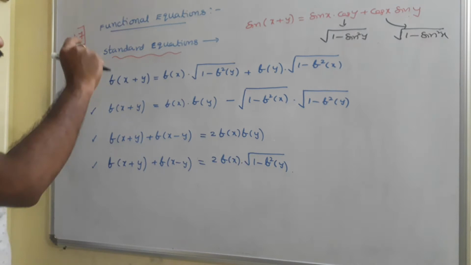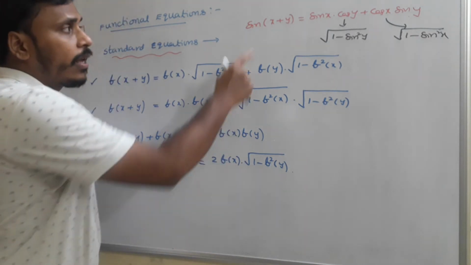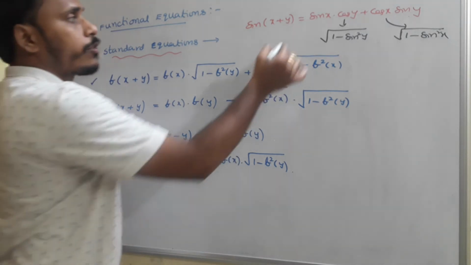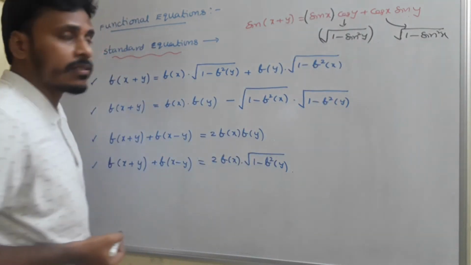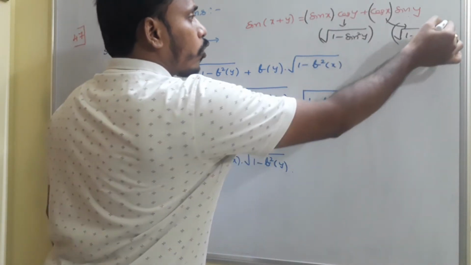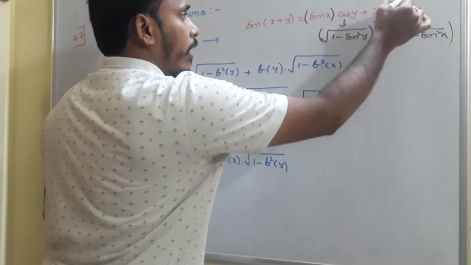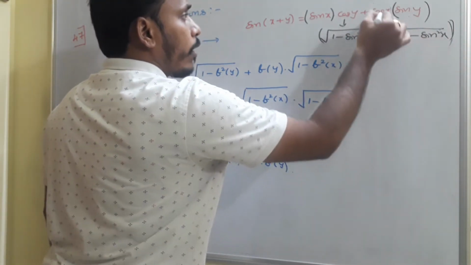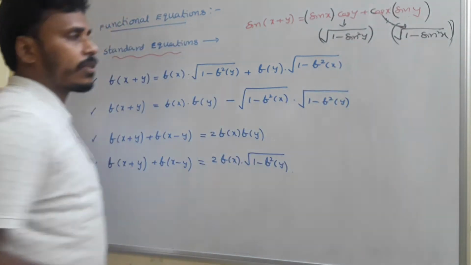Just have a look at the situation. The statement is completely in terms of sin. Sin(x+y) is equal to sin x into root of 1 minus sin square y plus sin y into root of 1 minus sin square x. This is cos x, right? We rewrite the cos x like this.